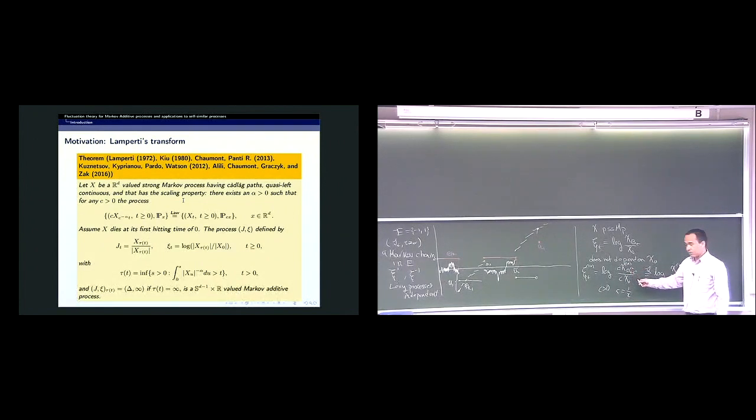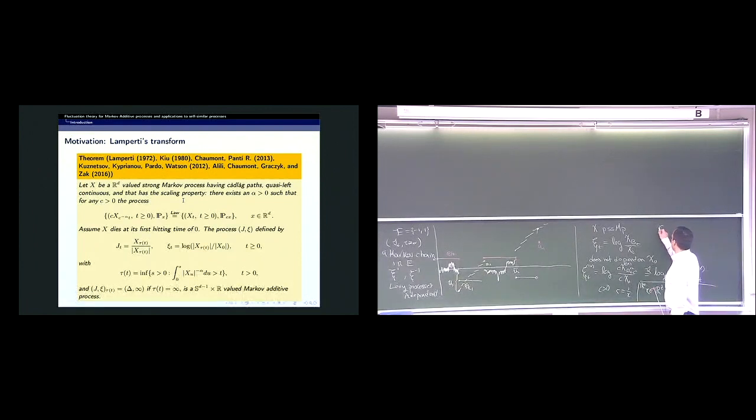Well, now, when I move to R^d, I cannot do the same. I cannot divide by 1 over x, because x is in R^d. But I can, in fact, divide by 1 over the absolute value of x.